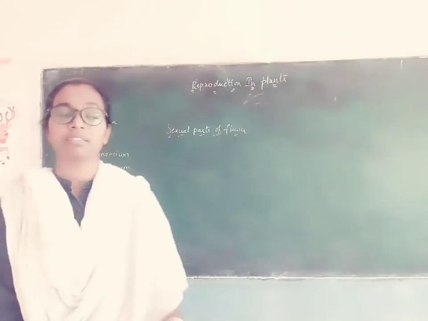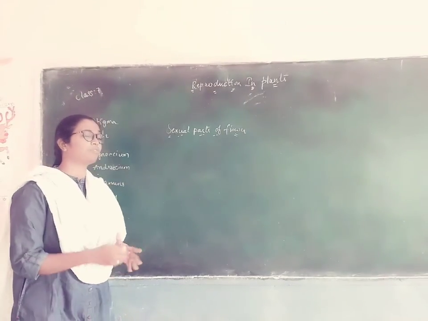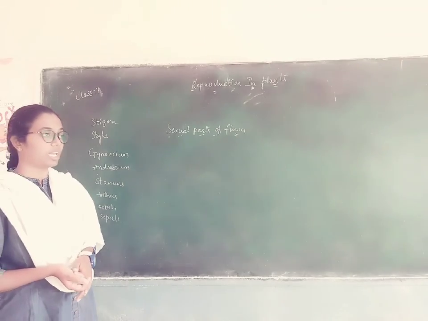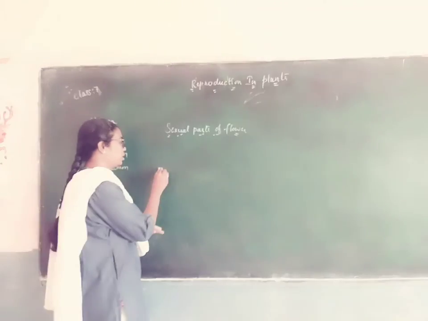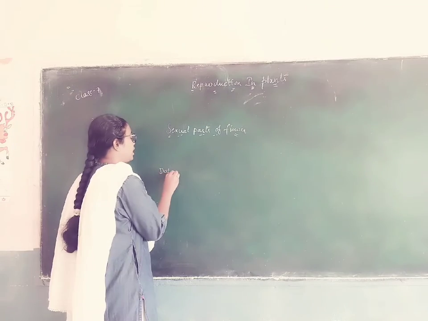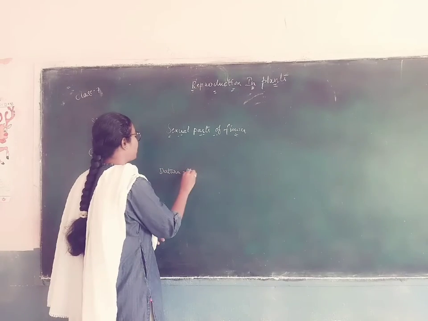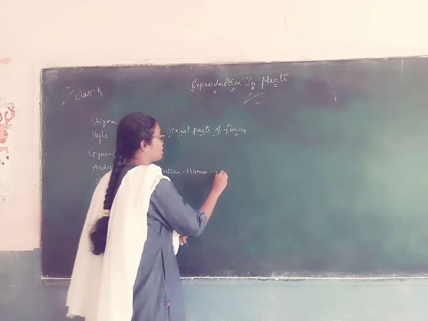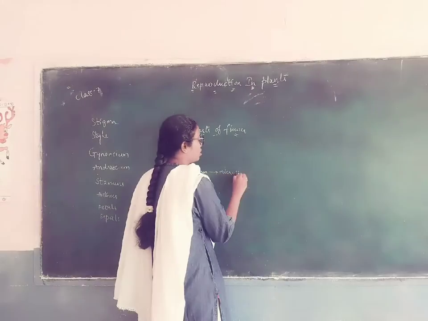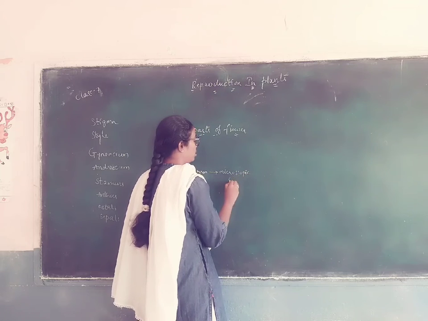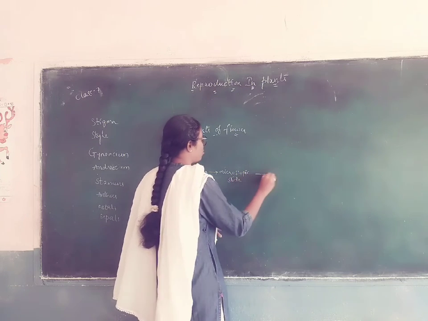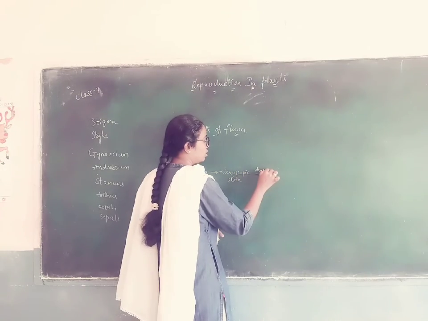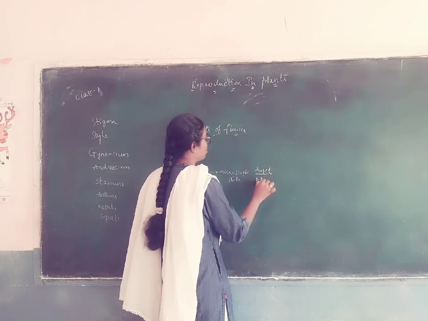What he is saying is, he is asking us to collect different stamens from different flowers. Okay, here he took the datura flower. He separated the stamen from the flower and took a microscope slide. He gently dropped all the pollen grains.